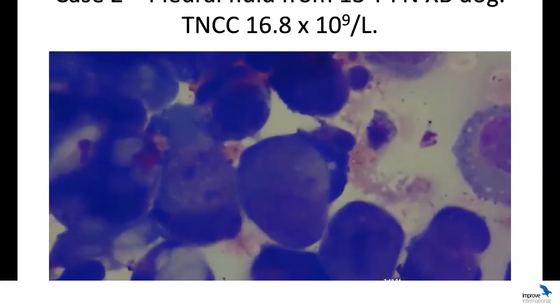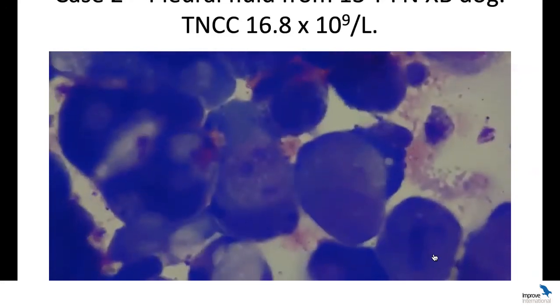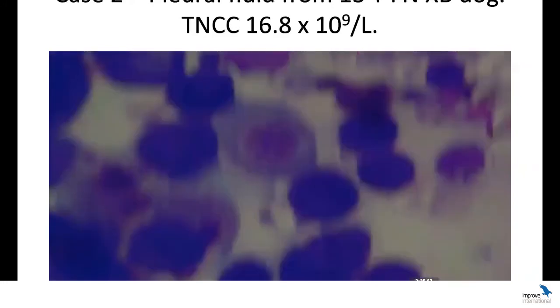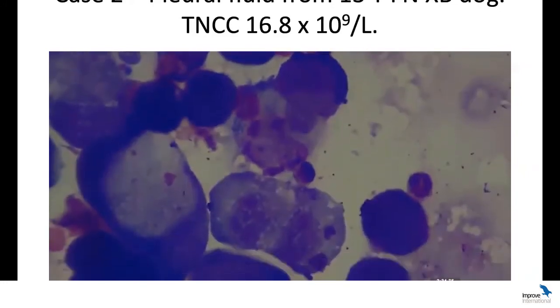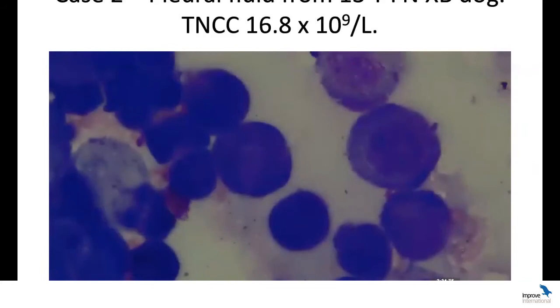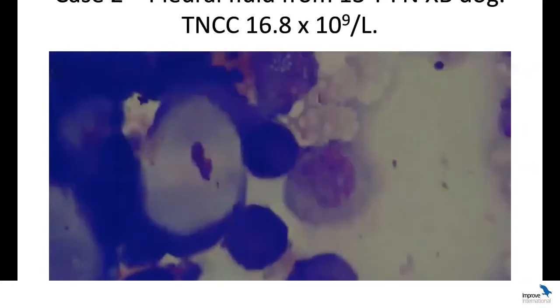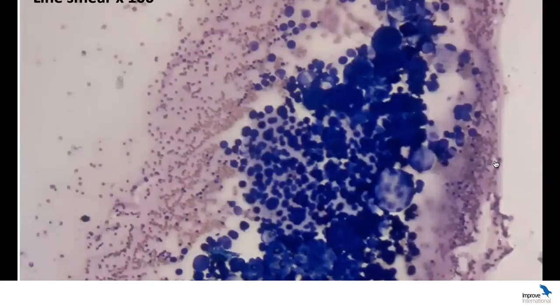How are they identified? Are they tissue or inflammatory cells? Do they have nucleoli? All of those questions. Are there organisms is what I'm trying to answer at this magnification. So this is again the concentrated idea of the line smear.